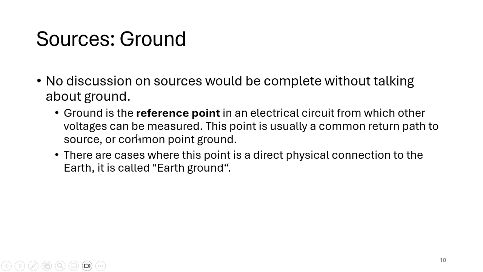Okay? We also within ground have earth ground. This is more common within, for instance, homes or different types of establishments, meaning locations and so forth. So when it comes to that, these grounds are directly physically connected to the earth, and we call them again earth ground.